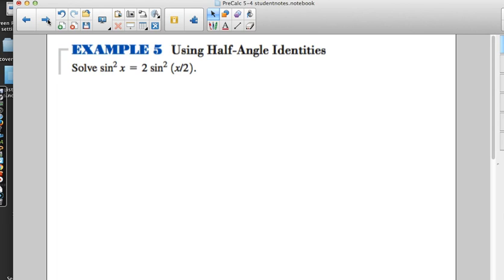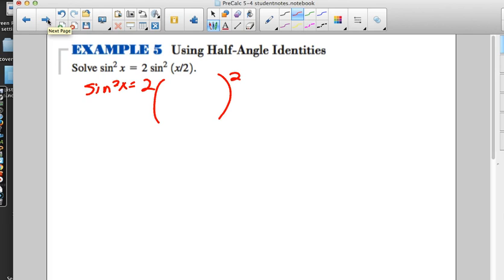All right, this one. Sine squared x equals 2 sine squared x over 2. Oh my. Well, we know we're supposed to do some factoring, so maybe we better figure out what we could put in for that half angle piece there. Now remember, this says sine squared x over 2, but it really means the whole thing squared.